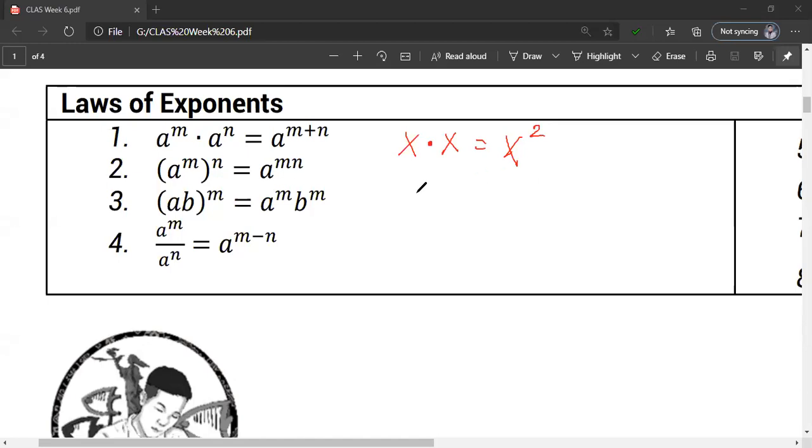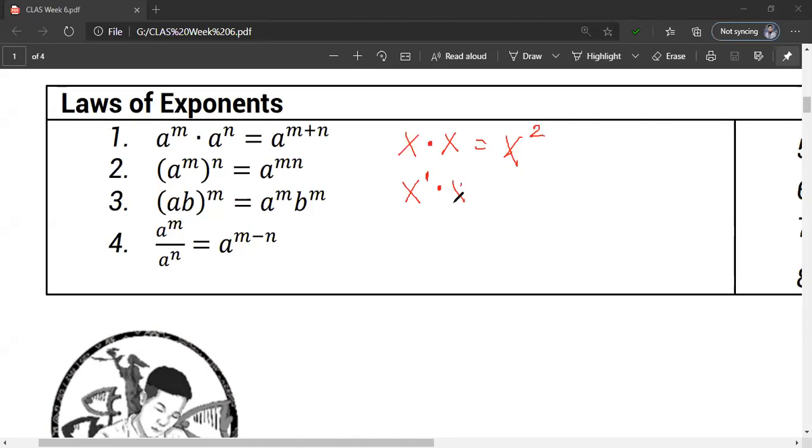Kasi nga po, ano ang exponent ni x? May exponent ba si x? 1, sir. Okay, 1. Though the exponent is not visible kasi hindi natin siya sinusulat, but technically, all numbers have an exponent, which is 1. Pero hindi natin sinusulat kasi considered na may exponent na yan siya na 1.